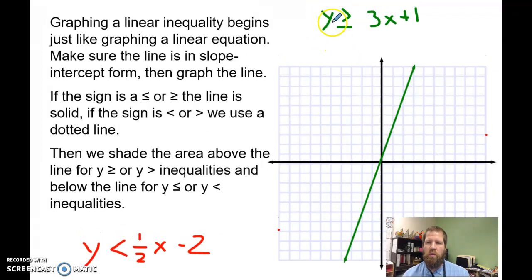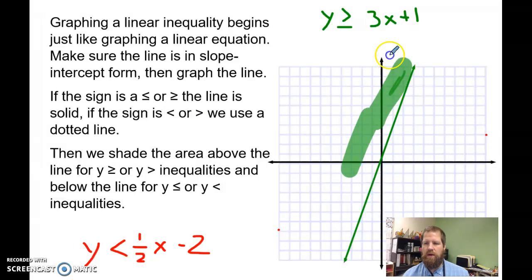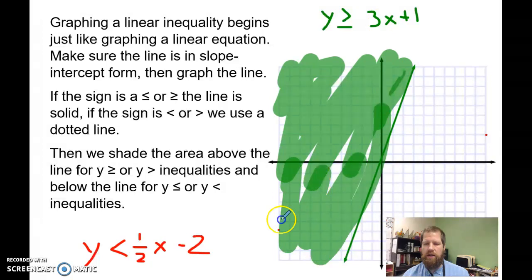So if y is greater than or equal to everything on this line, it's going to be everything above this line, because it's greater than. Y is a greater value. So we'd come through and shade in the entire left side of my graph, and that would be my solution set.